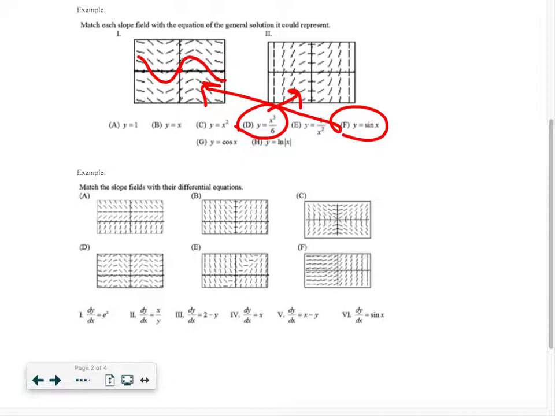F, I feel like is e^x because it's like one graph. Six is D. F is definitely one. Yeah. And then I feel like A is 3, because of what you were doing yesterday.